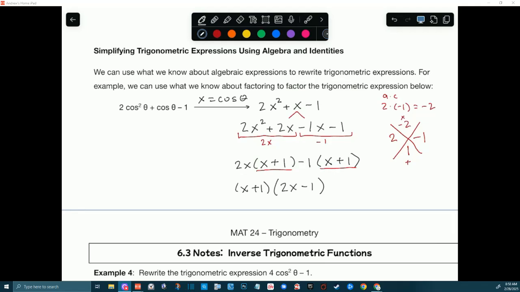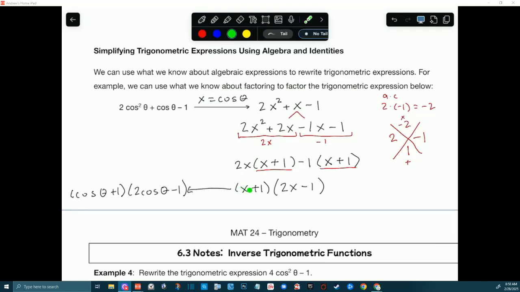And now I'm going to go backwards. I'm going to undo that substitution. So I know x is actually cosine theta. So this expression is cosine theta plus 1 times 2 cos theta minus 1.